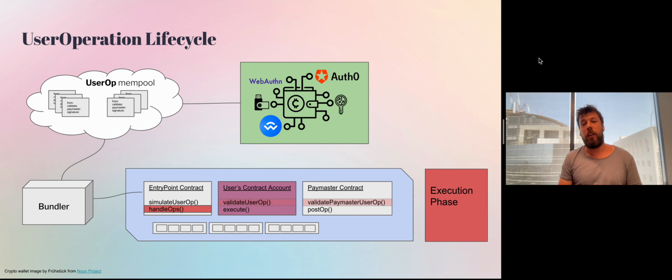In that execution phase, the user's contract account will again validate the user op, but this time we'll do it on chain. This will happen once that transaction is actually part of the block and is getting executed on chain. So there's the validation, and once the validation is correct and the authorization and authentication are valid, then the execute will call, which will actually do the transaction, which is, let's say you want to do a trade, or vote on something on a DAO, any type of call data itself.